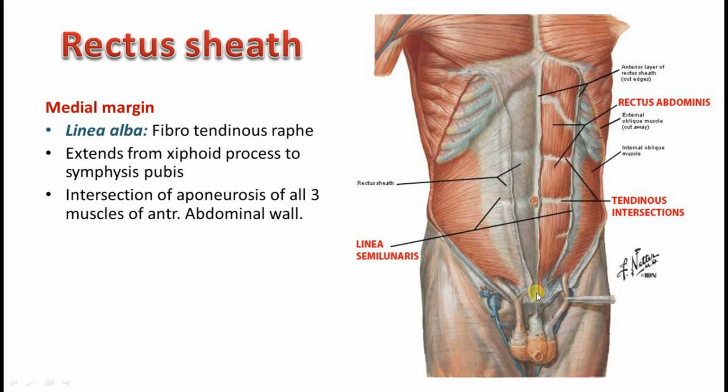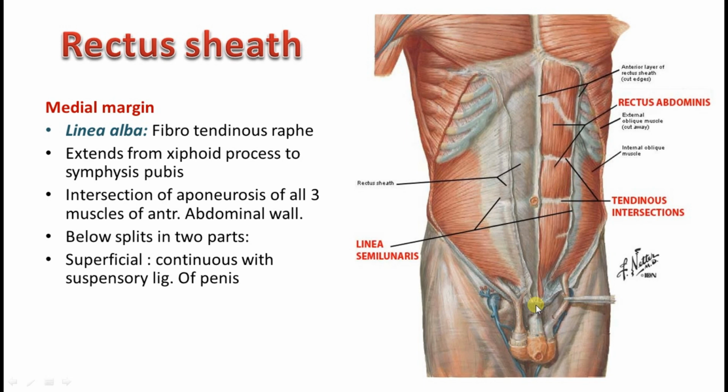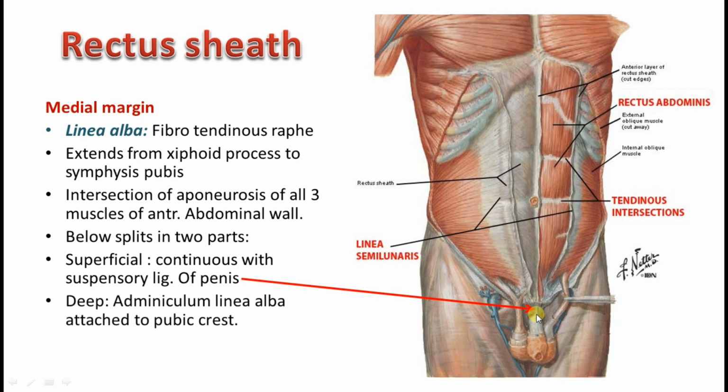The superficial part of the rectus abdominis below continues as the fundiform ligament or the suspensory ligament of the penis. Okay. The lower part of the linea alba, the superficial fibers, are continuous as the suspensory ligament of the penis, whereas the deep part forms the adminiculum linea alba, which passes behind the rectus sheath to get inserted into the pubic crest.